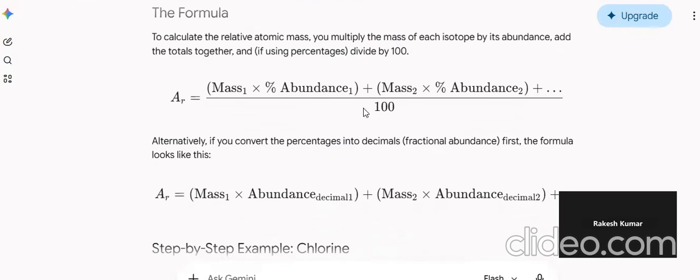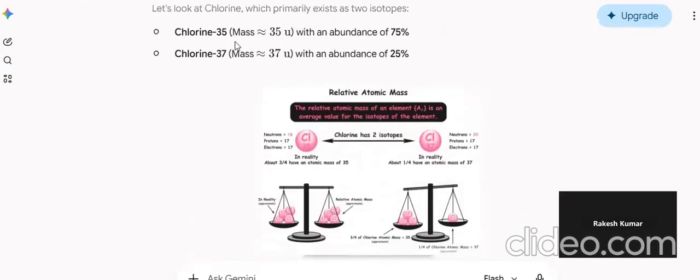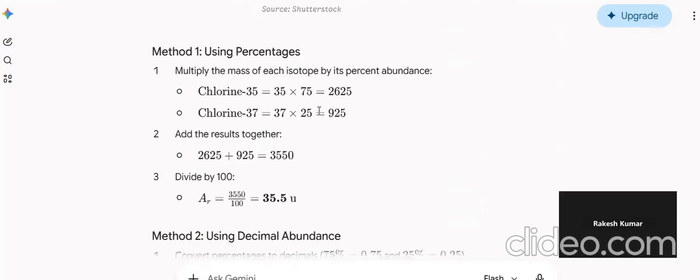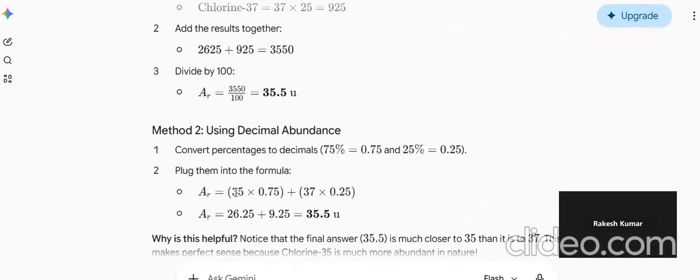If 35 is available in 75% of the compounds, and 37 is only available in 25% of the molecules, then to get the chlorine atomic mass, we multiply this by 0.75 and this by 0.25 and get the average, because that is what they put in the periodic table.